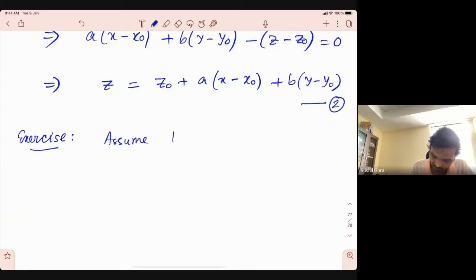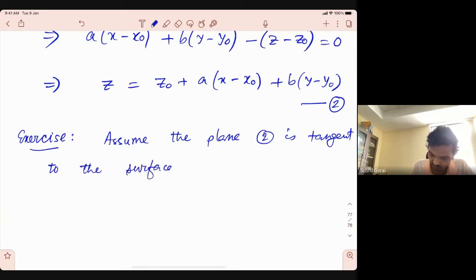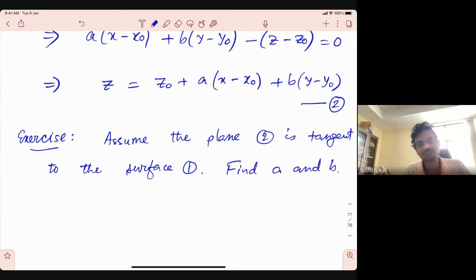Assume the plane 2 is tangent to the surface 1. Find A and B. All right, we'll do it next time fully.